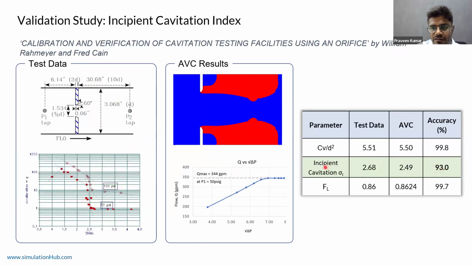You can see the same CV and incipient cavitation index are being passed on to the VDMA methodology. So once these are made sure, then the noise calculation is as per the standard. So that also ensures the values are right.